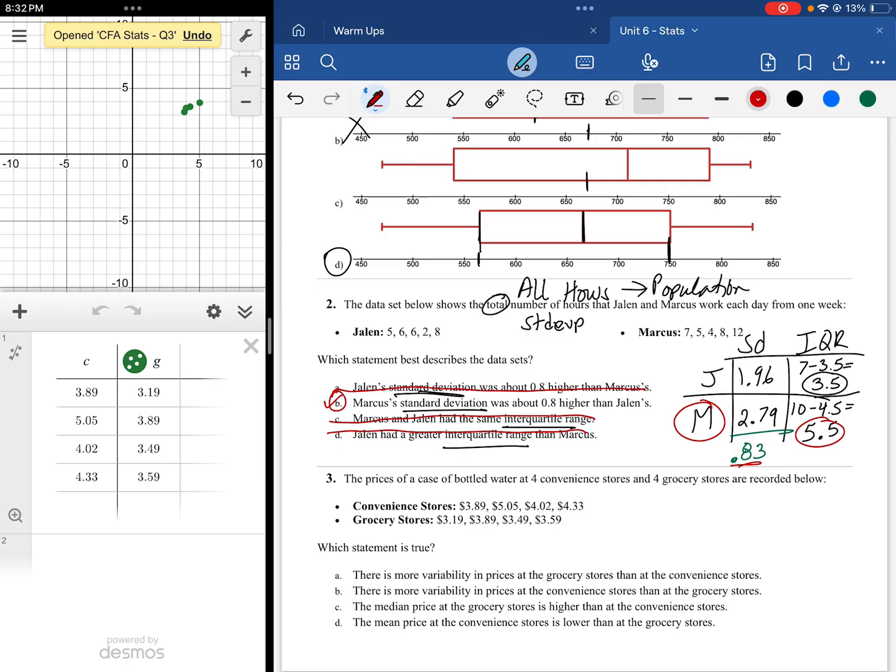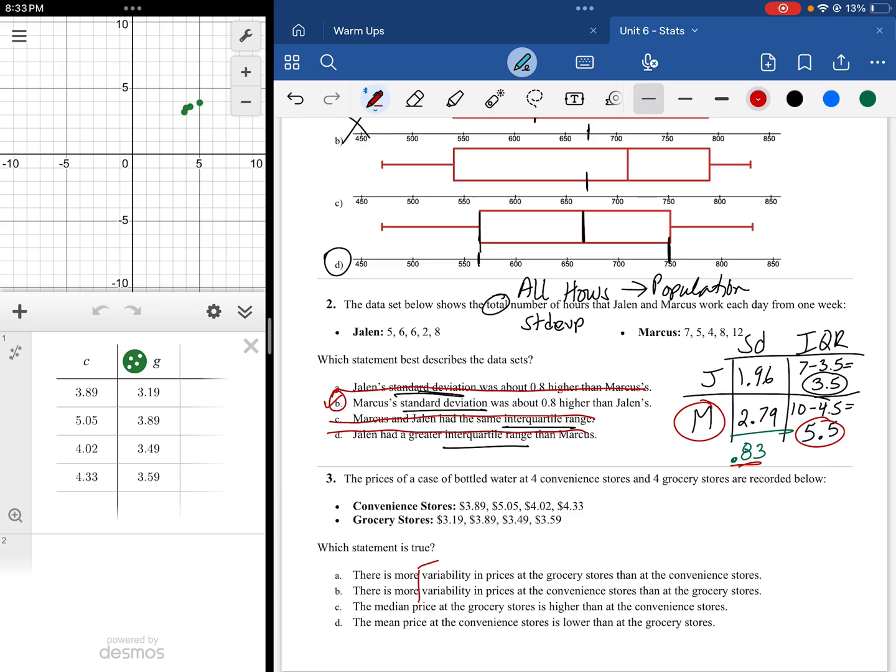Let's keep going now. On number 3, let me pull up the data we need. It says the price of a case of bottled water at 4 convenience stores and 4 grocery stores are recorded below. The convenience store, you can see the data. The grocery store, there's the data. And it says which statement is true. There is more variability in prices at the grocery store than at the convenience store. There is more variability in prices at the convenience store than at the grocery store.